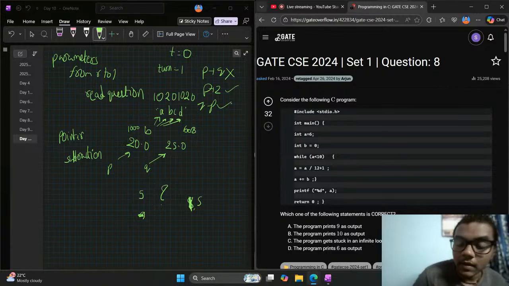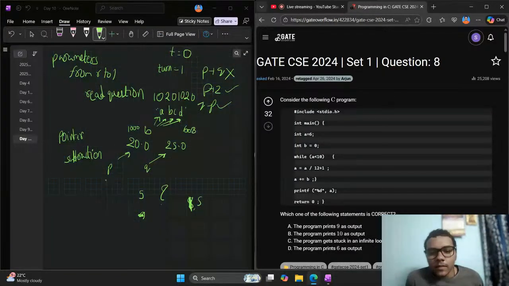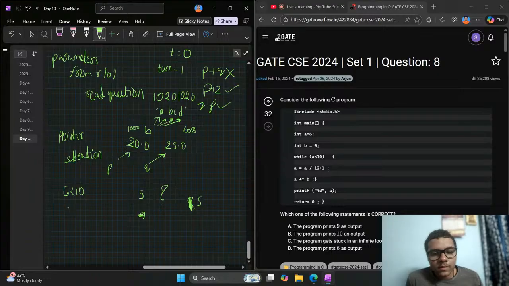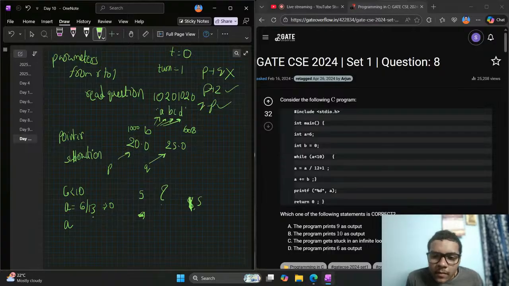Let's see. A is equal to 6, B is equal to 0, 6 is less than 10, yes. A is equal to 6 by 13, that is 0, and B is equal to, alright, A is equal to 0 again.